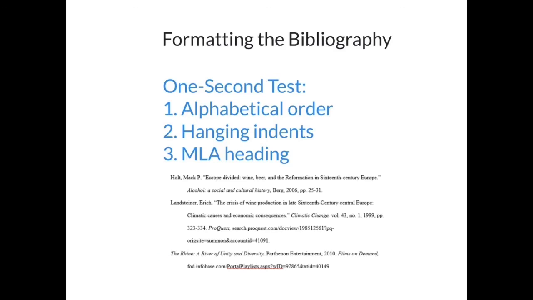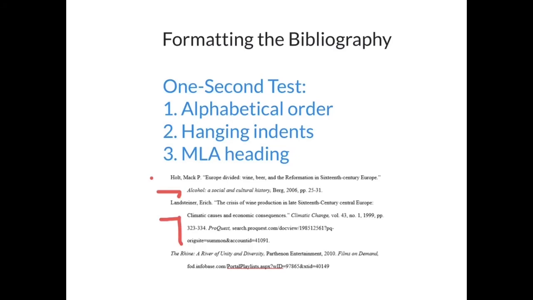So it's alphabetical order. Hanging indents are these little indentations within each source. So the first line of the source here takes the longest space, and then you hit the indent after that. So we start with the first line, and then we indent from there. That's a hanging indent, and I'll be able to see that in a second.